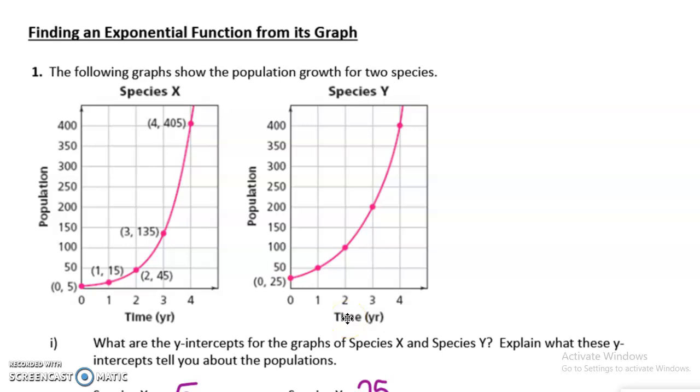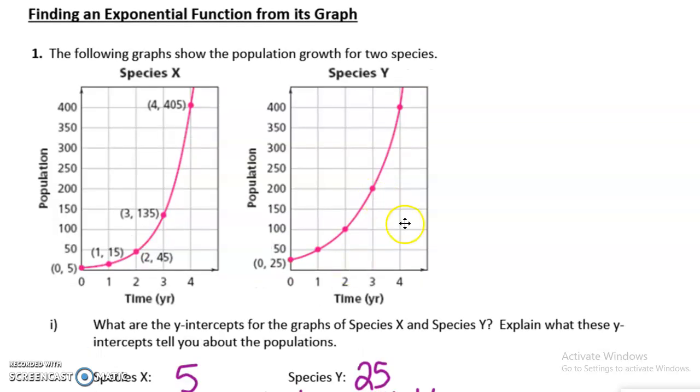Our first question says, what are the y-intercepts for the graphs of species X and species Y? So notice on species X, our y-intercept is here at 5, whereas on species Y, our y-intercept is at 25. It says explain what these y-intercepts tell you about the population.